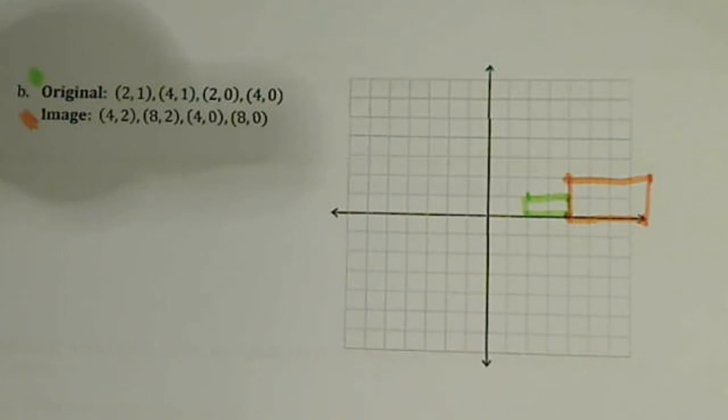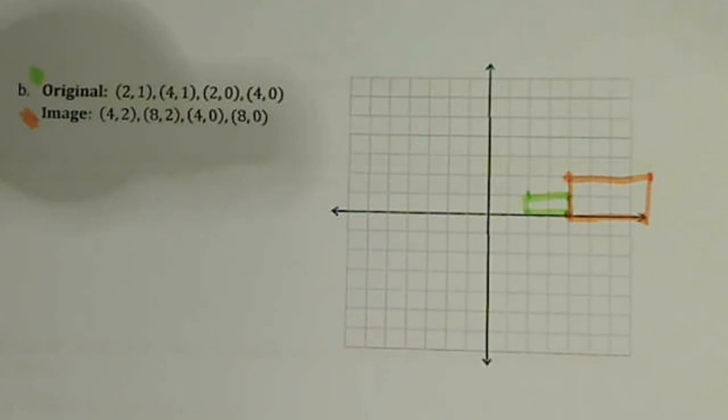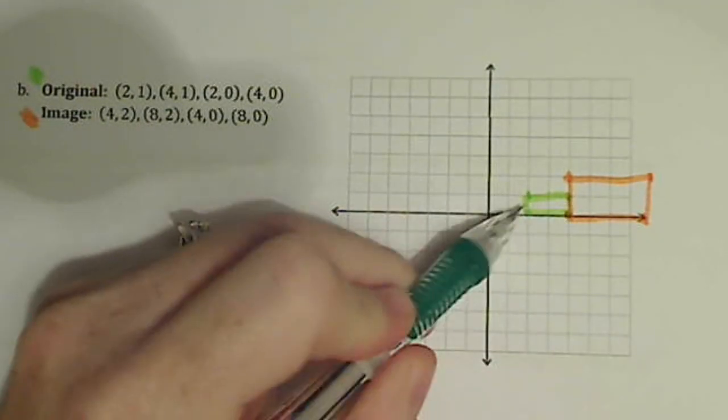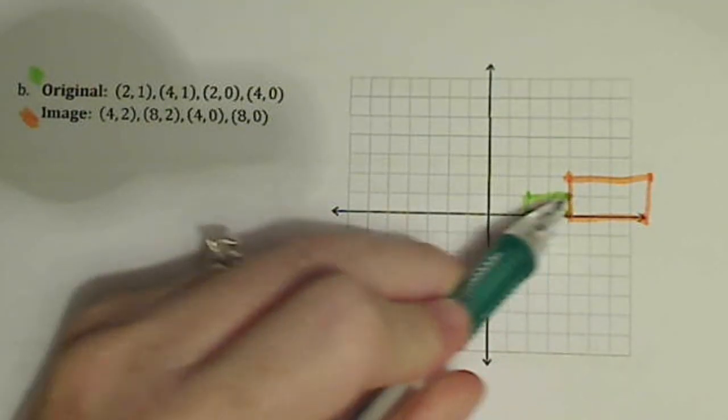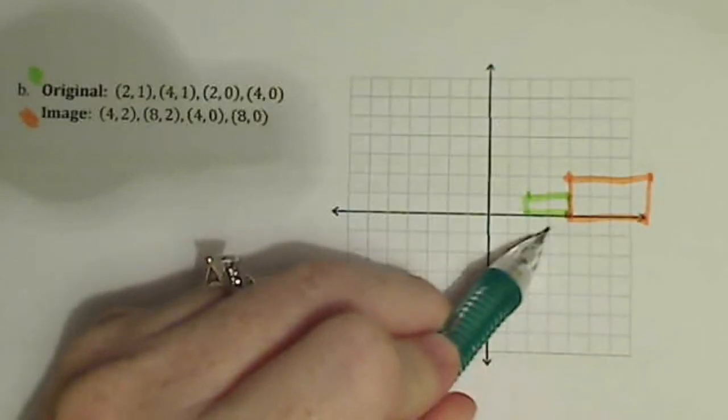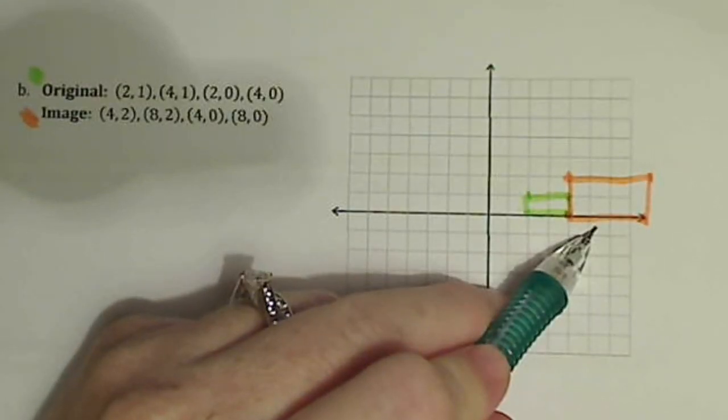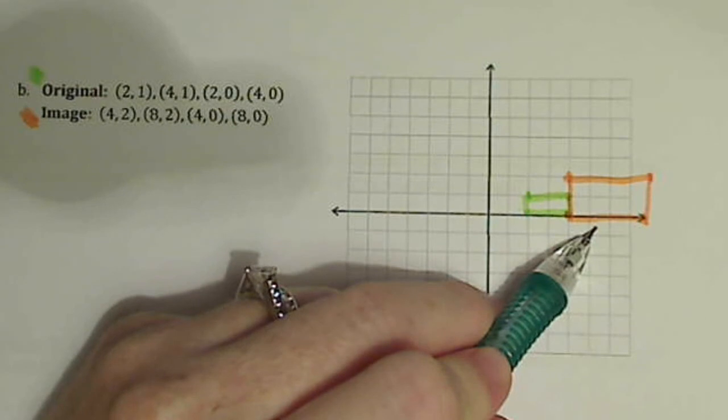So I cannot use any of my theorems because these are not triangles. So what I am going to do is see that the scale factor between the two sides is the same. I'm going to see, is the scale factor from this side the same as the scale factor of the bottom two sides? And if they are, then these are similar.